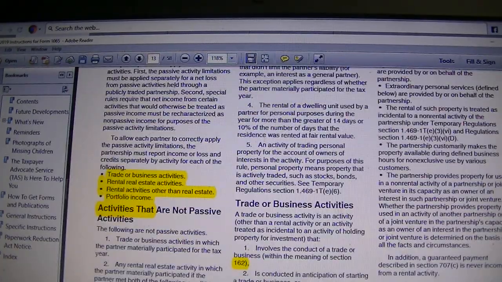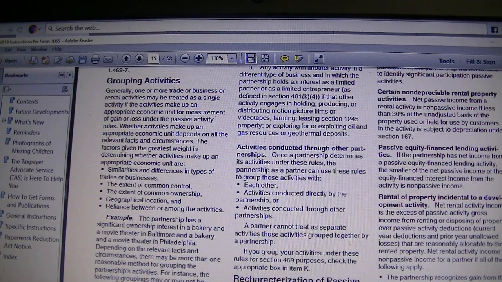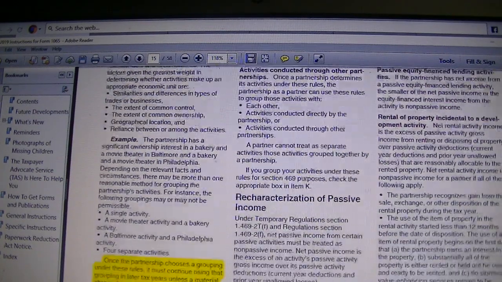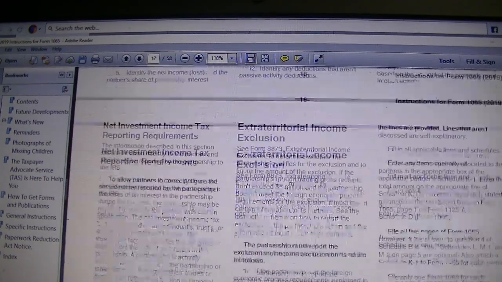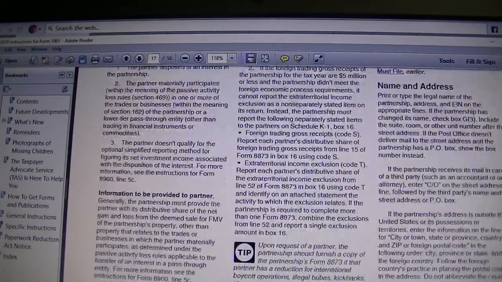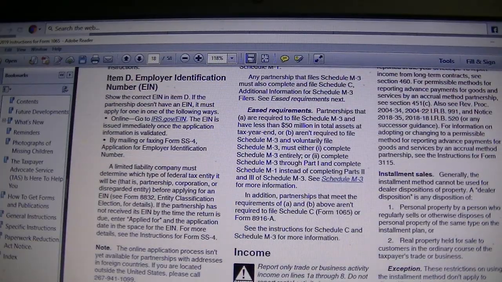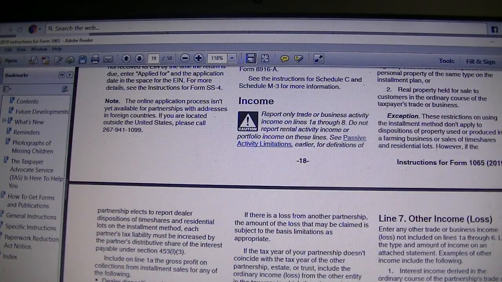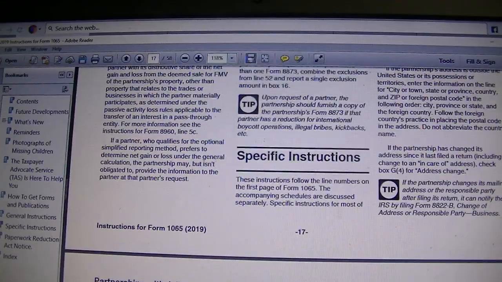Let me see if I can find the forms, how to group, how to organize attachments for each. It's not this one here. So you'll group them. I don't think I need to go that far to find it. I should have come across it already.